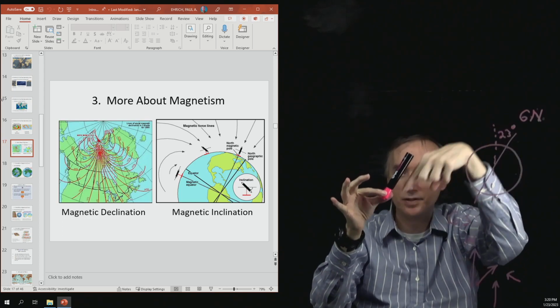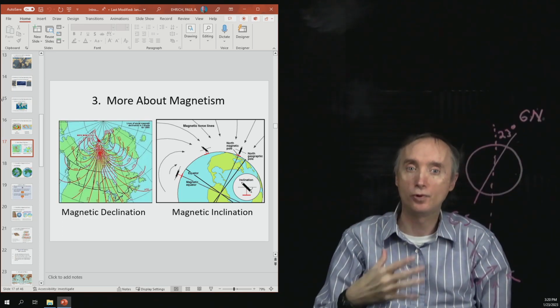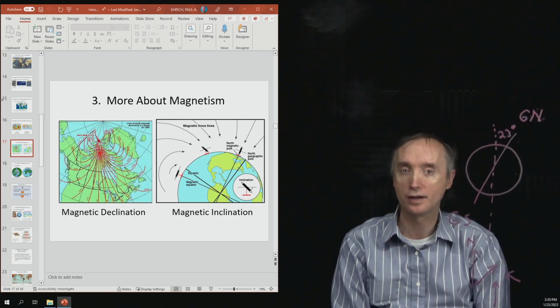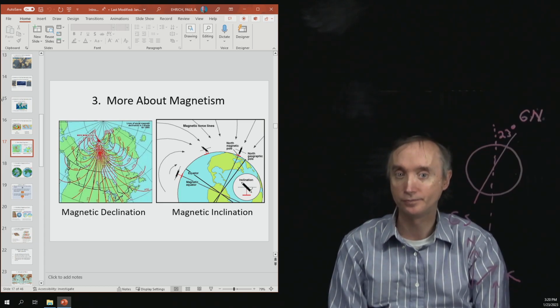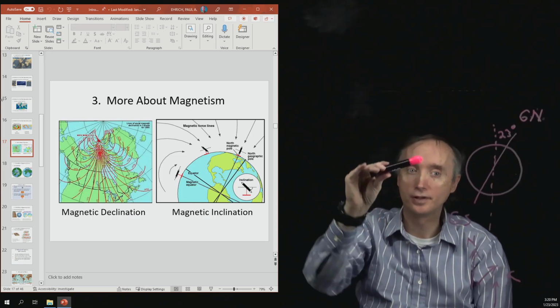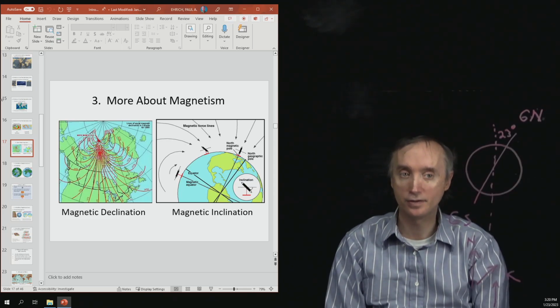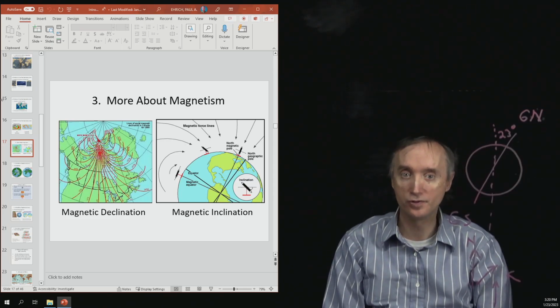When it dips, it points into the Earth. Again, it's pointing towards where that south magnetic pole is, inside the Earth. That's called a dipping compass, and we call this magnetic inclination. Again, that angle can be caught inside the rocks. It can be frozen in time.